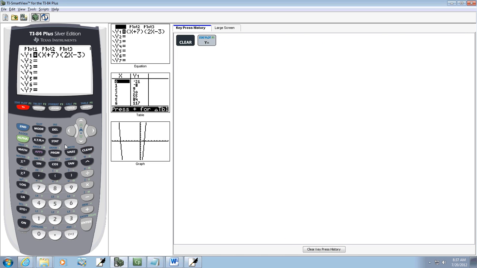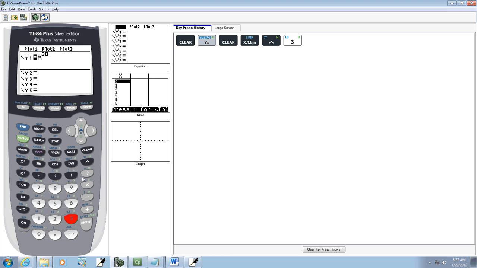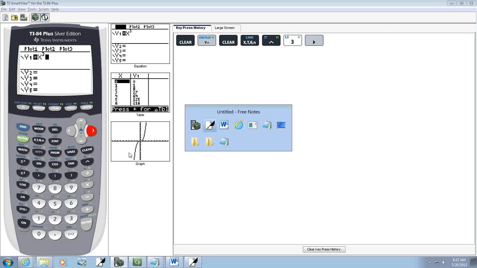Now press y equals. On y1, I'm going to do my x to the third. So I do x caret 3. Now mine's in the new exponent form here, so I have to do a right arrow key. You will not have to do a right arrow key on yours if you got one of the older ones.